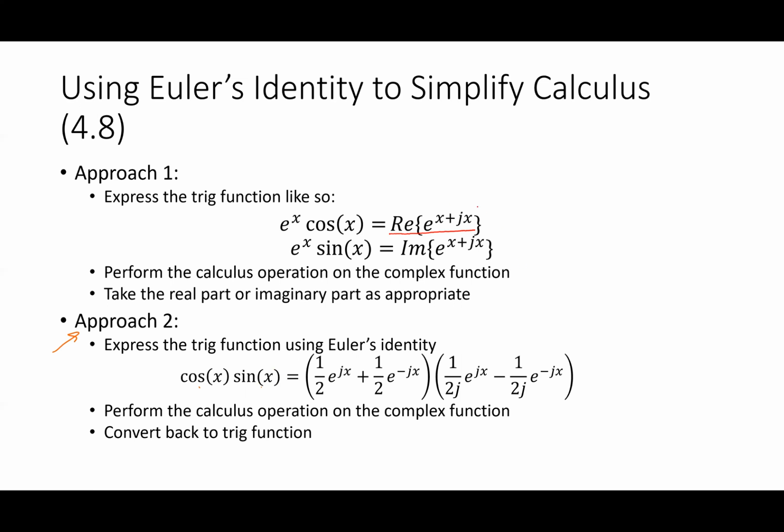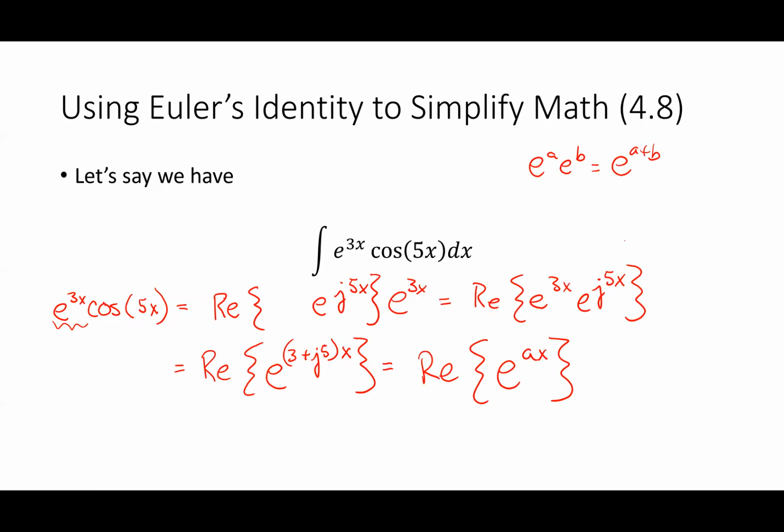So in this case, the calculus would be done on the e to the x plus jx. And then I take the real part or the imaginary part as appropriate. So in this case, I'm going to do my calculus on this guy, e to the 3 plus j 5x. When I'm done, I take the real part of the result.